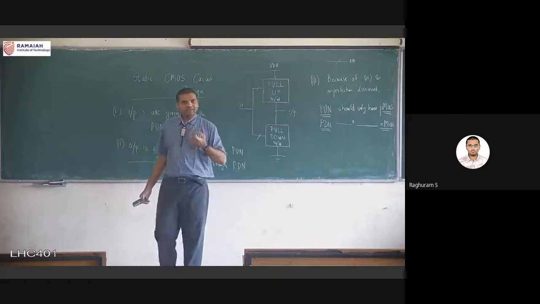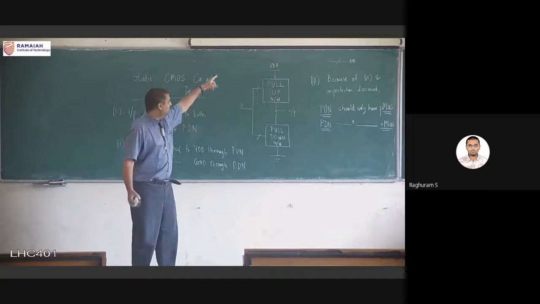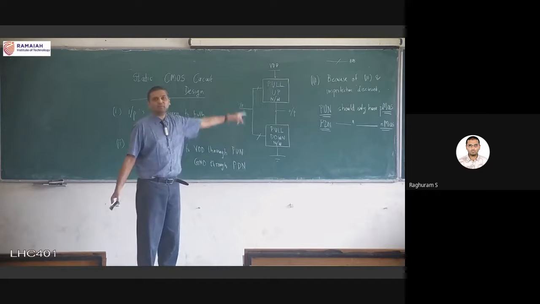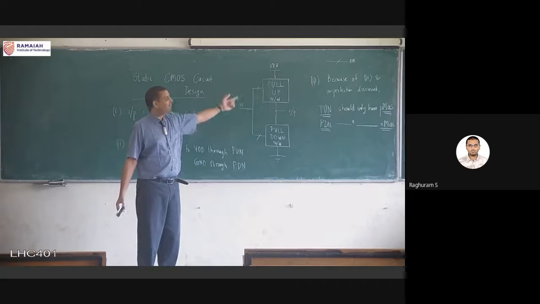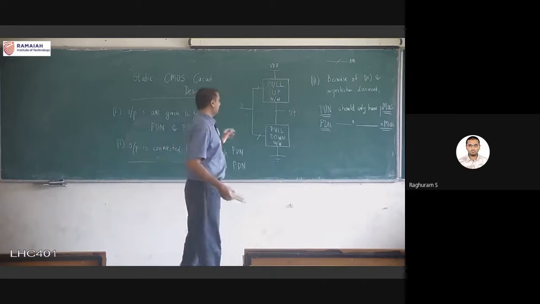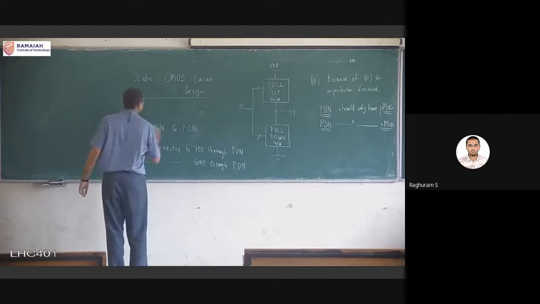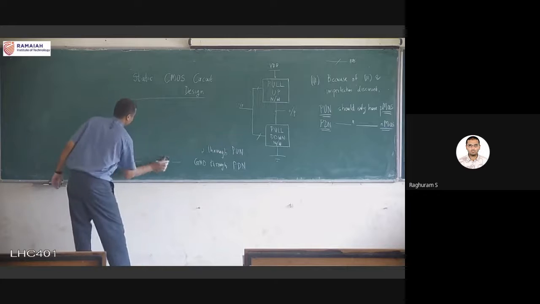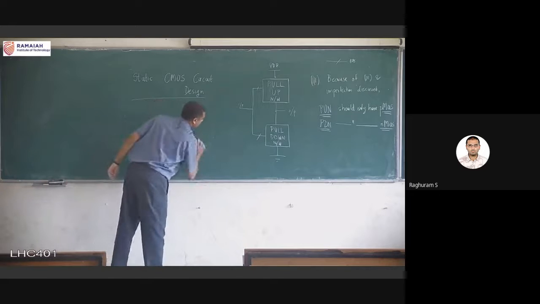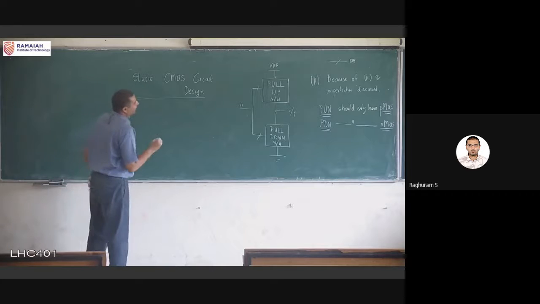So all the analysis we did, strong 0, strong 1 and all that, was for justifying this type of connection. Okay, so this is the first thing, and some more rules are there. Rule number 4.